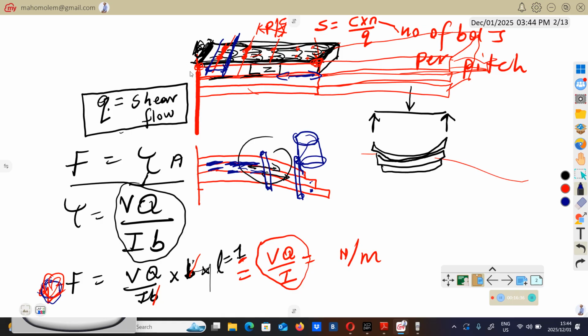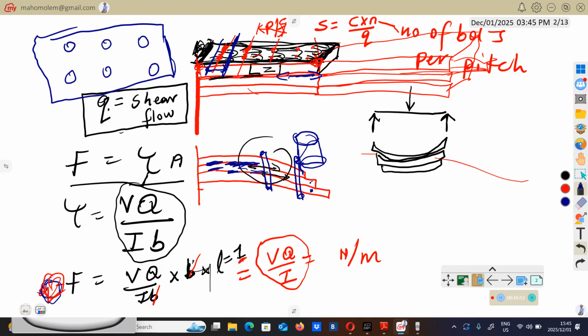Okay, let me start drawing something. If you have a beam like this, this is the top view of the beam. From the top, it will be like this.